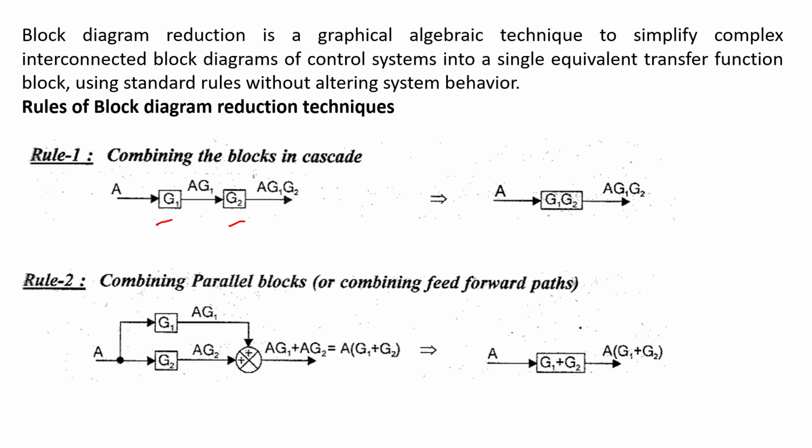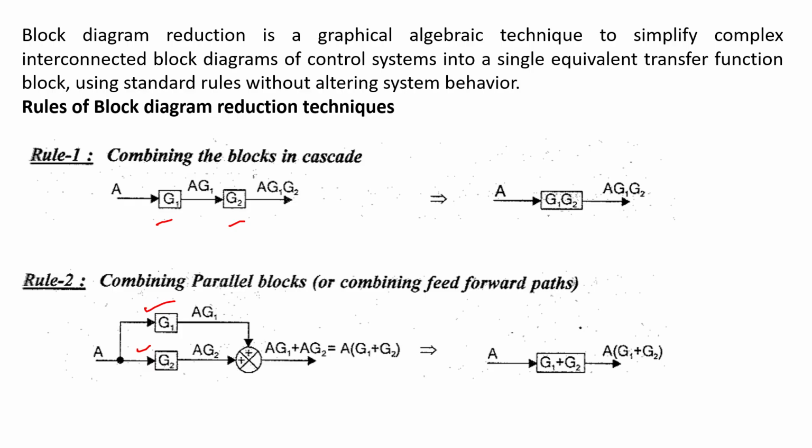Similarly, rule number two is the combination of parallel blocks. Here parallel means G1 and G2 are two blocks connected in such a way that both blocks get the same input. In that case, we call them parallel blocks.